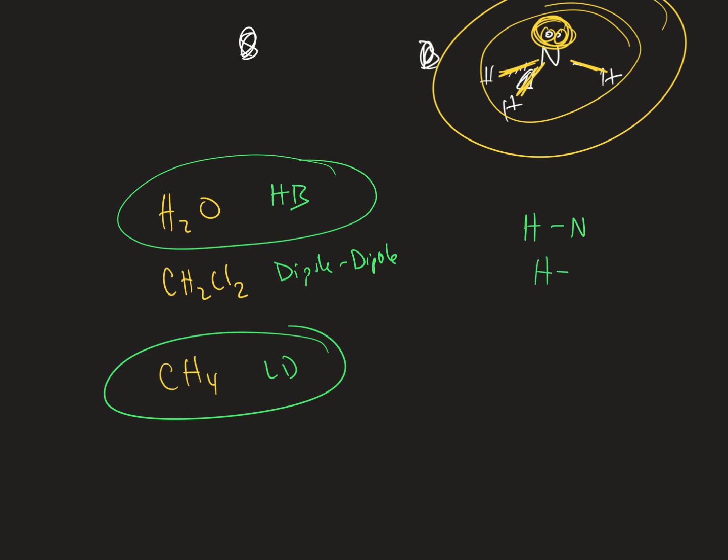Nitrogen, oxygen, and fluorine. These are the 3 that tell us it's hydrogen bonding. Why these 3? They're higher in electronegativity. If we have a bigger difference in electronegativity, that makes it more polar. So which one is the most polar? Water, because it has a greater intermolecular force, like hydrogen bonding.